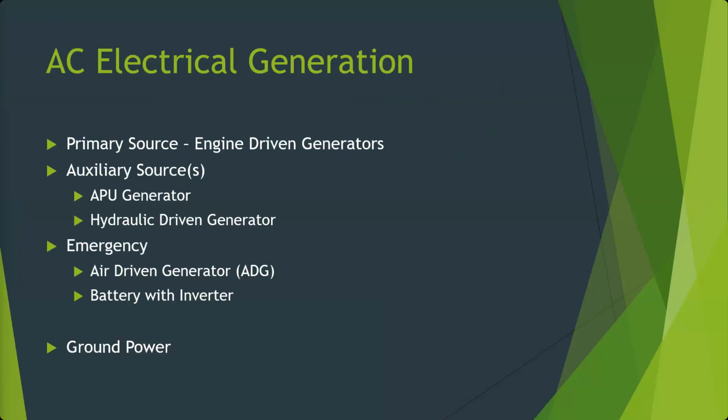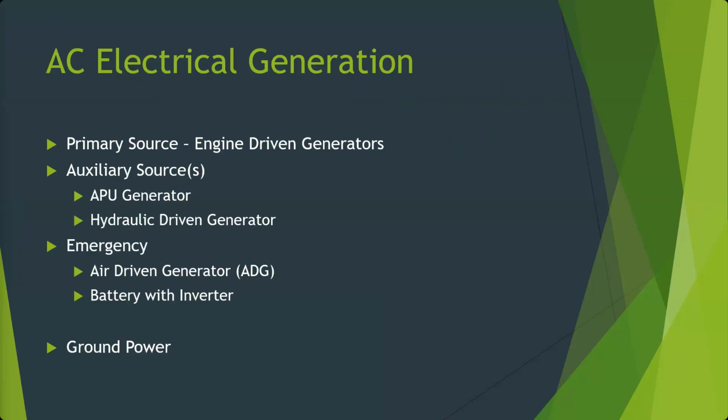There are going to be auxiliary sources, though. The APU generator is an auxiliary source, okay? And that is if the engine-driven generators aren't available, the engines either haven't been started yet or you shut the engines down. If the APU is running and the generator is available, most of your modern aircraft now are going to automatically switch. That logic in the electrical control systems will automatically swap it over to the APU generator.